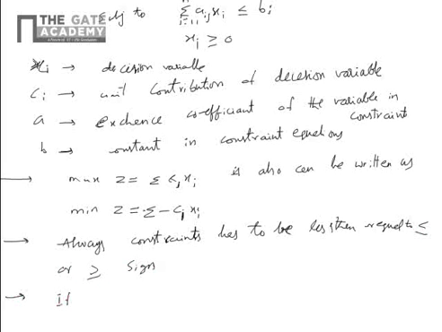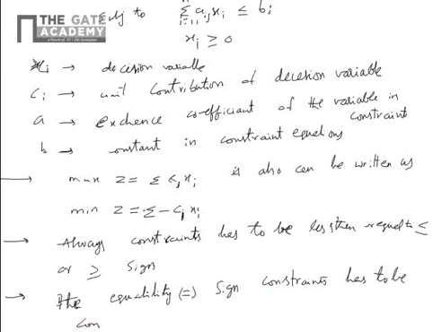If there is an equality sign, the equality constraint has to be converted into two constraints.